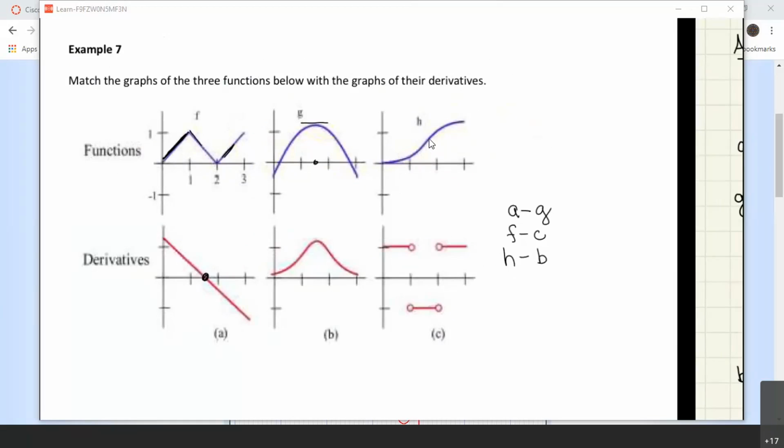And at some point in here, we have a switch from going concave up to concave down. And then we have slopes that are turning around again. So that's this one. The ones with changes in what are called concavity, cupped up to cupped down, you don't know how to see those yet. So those are pretty much going to be the odd man out. And once you pick everything else, that's the one that's going to be left.